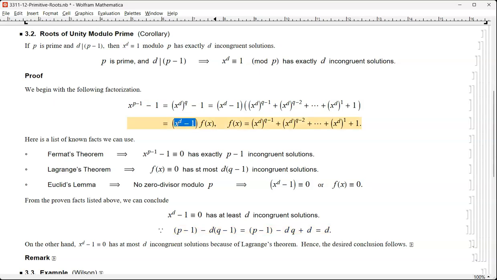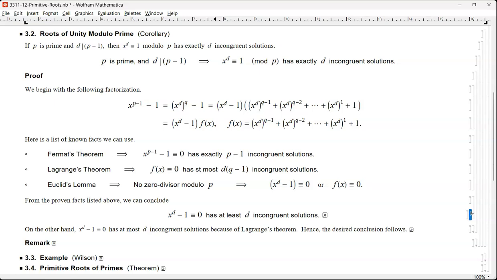Otherwise, this has to be 0. So subtracting one from the other, we get d. So precisely this minus at most this. So we get at least d incongruent solutions. So this thing has at least d incongruent solutions.